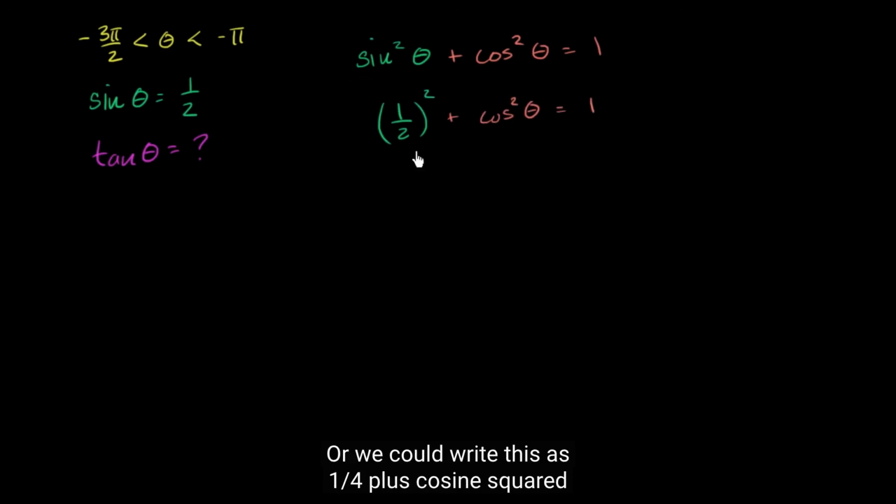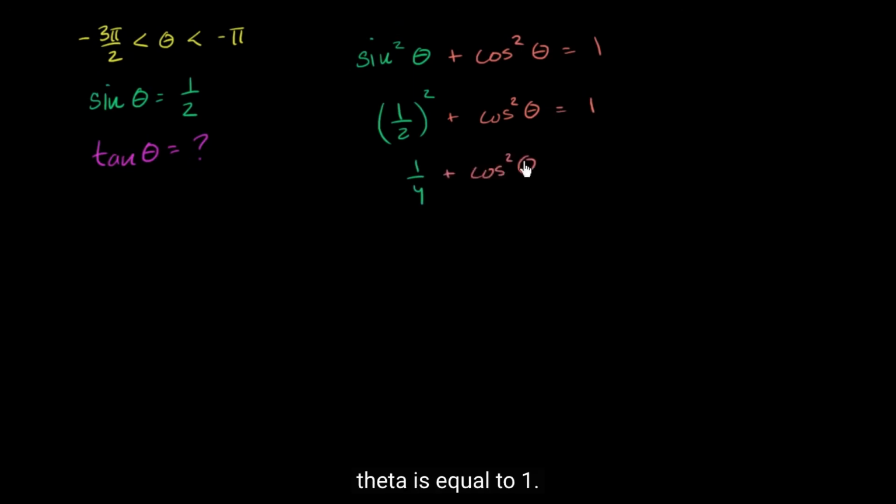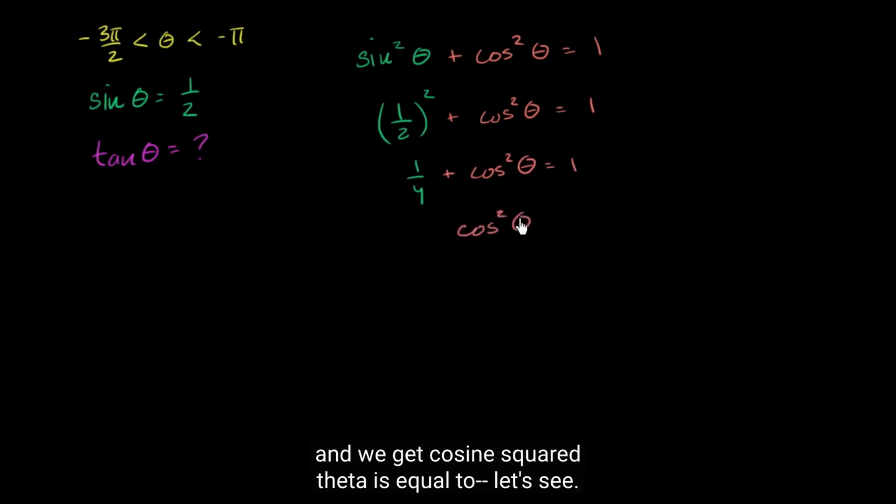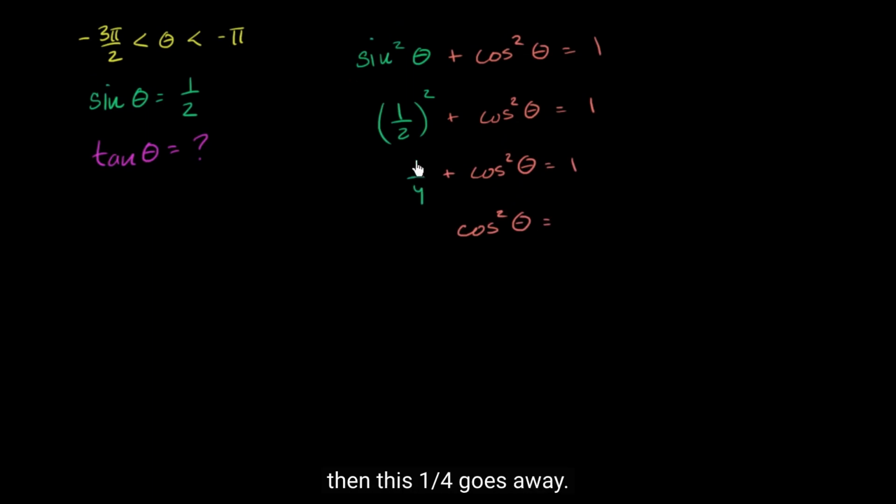Or we could write this as 1/4 plus cosine squared theta is equal to 1. Or we could subtract 1/4 from both sides, and we get cosine squared theta is equal to, see, you subtract 1/4 from the left-hand side, then this 1/4 goes away. That was the whole point. 1 minus 1/4 is 3/4.